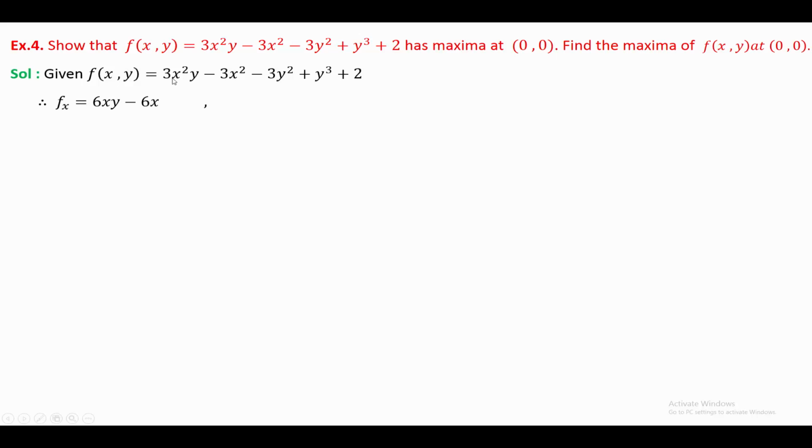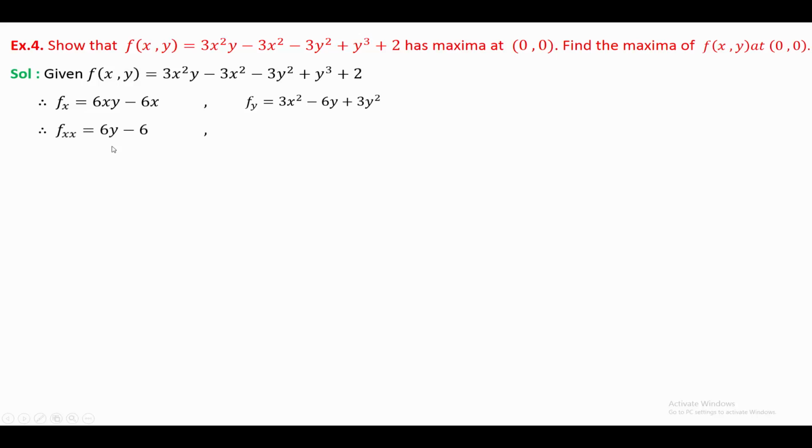fx is 3, derivative of x square is 2x into y, so this is 6xy. Minus 3, derivative of x square is 2x, so this is minus 6x. Its derivative 0, 0, 0. Fy, partial derivative of f with respect to y, so 3x square, 0, minus 6y plus 3y square.